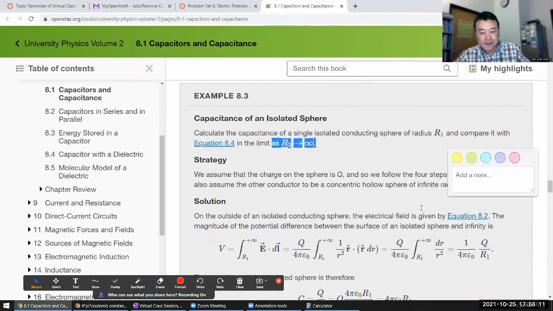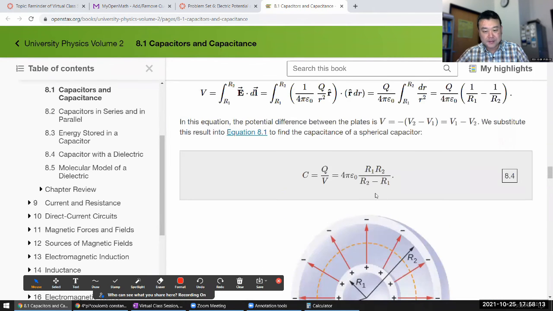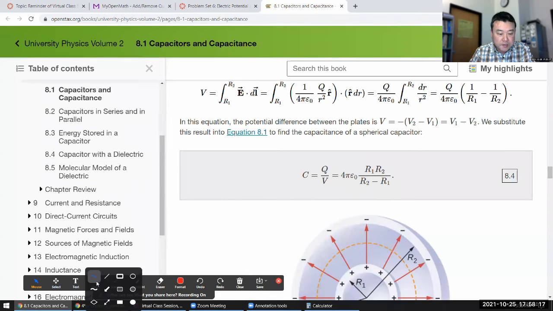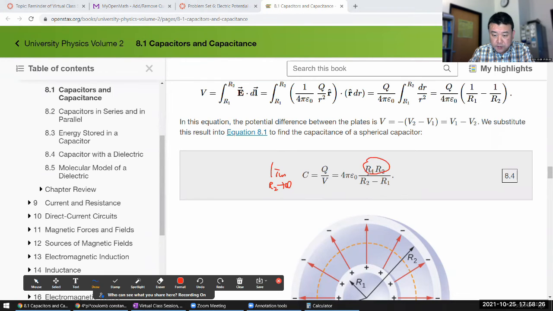This is the reasoning process you go through when you consider the limit as R2 goes to infinity. So you're looking at the term here. On the numerator, I can't really do anything because R1 is multiplying something that's going to infinity. So both of these are significant. I can't ignore either one. Now these two are adding or subtracting.